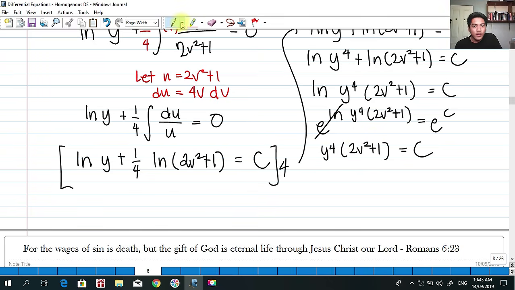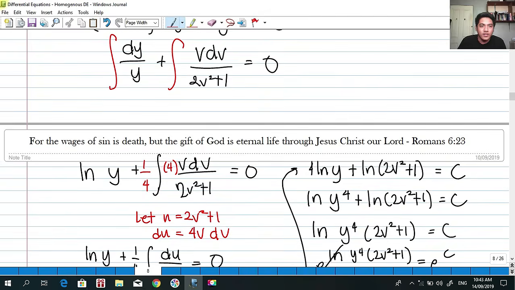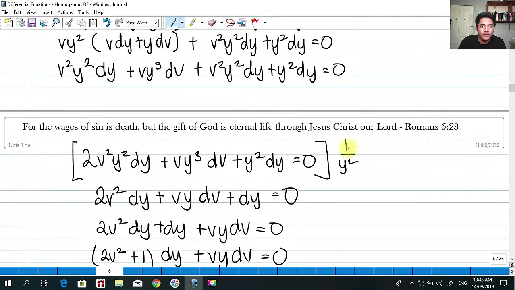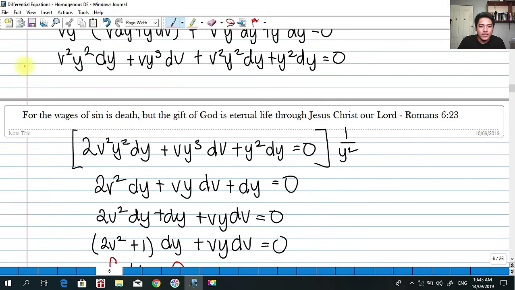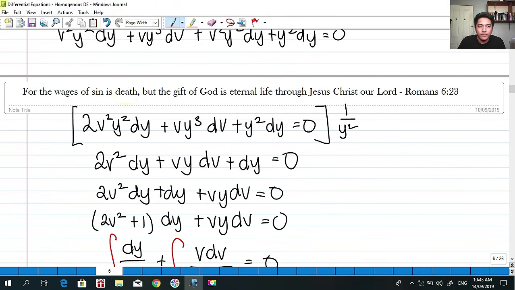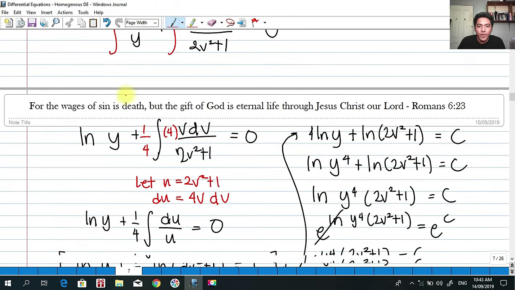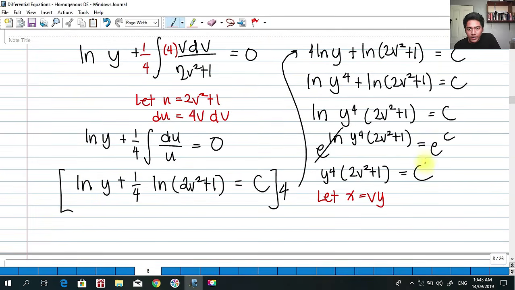If we remember our substitution a while ago, we let x is equal to vy, if I'm not mistaken. Let's just see it again. x is equal to vy. So let's go back to our equation. Here, v would become x over y because of this.